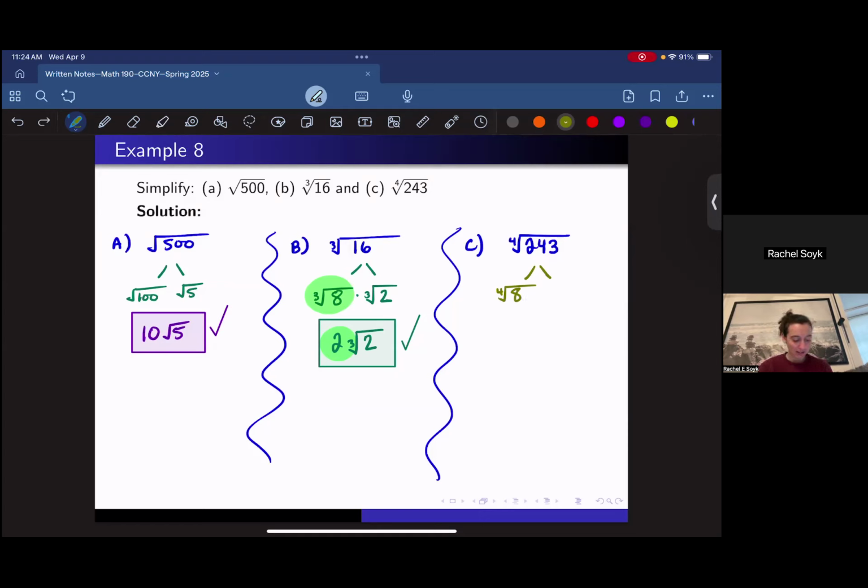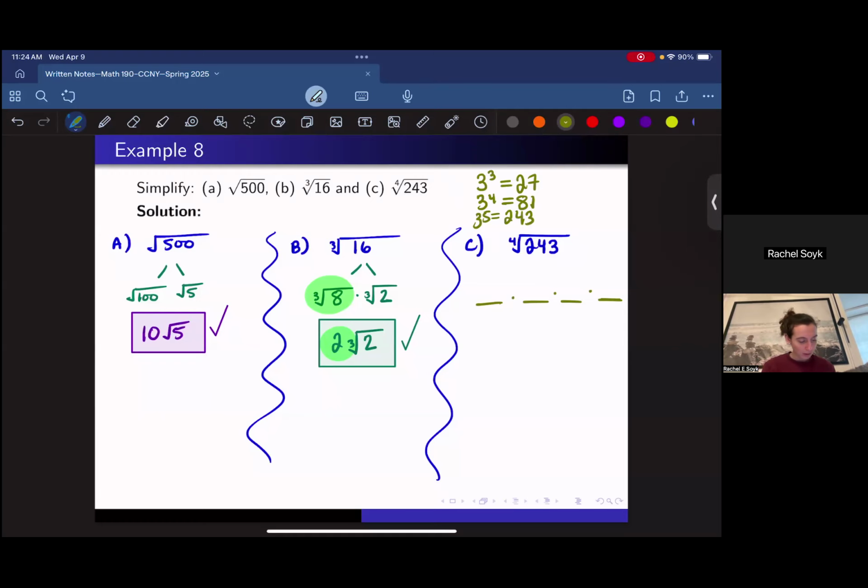Essentially, what we're asking is, okay, what number times what number times what number times what number gives us 243? And if you know that 3 to the third power gives us 27. Oh, actually, we should have broken it up. For some reason, I was thinking in my head 3 to the fourth is 243, but it's not. It's 3 to the fifth is. 3 to the fourth is 81. 3 to the fifth gives you that 243.